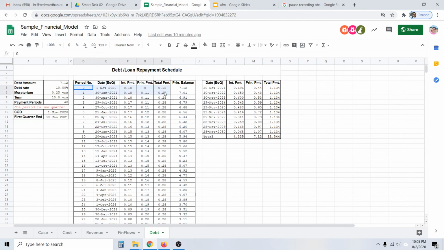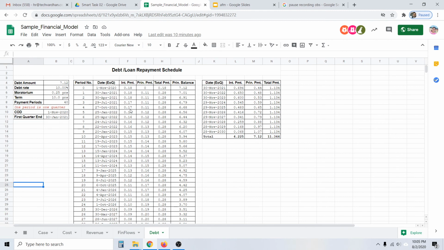Now let's see the first period, which is 0. Interest payment is this much, total balance is this much, but this interest is not paid through the revenue. This interest is paid through the cash capex, right? So that's why we didn't put this interest payment in our FinFlows sheet.